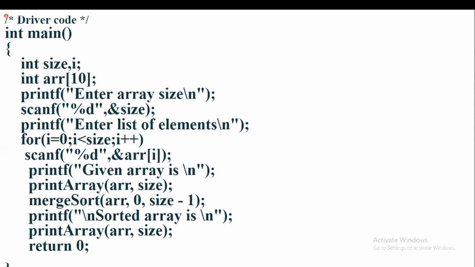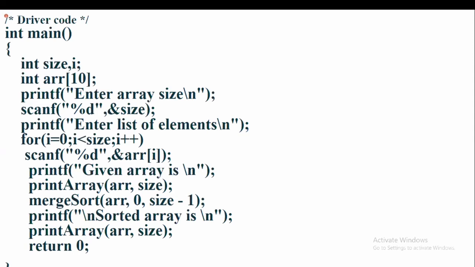Initially I, j, k are all zeros. When L of I is less than R of j, I is increased and k is increased. And in the case L of I greater than R of j, that means R of j value is less than L of I, so R of j value moves to the sorted array.